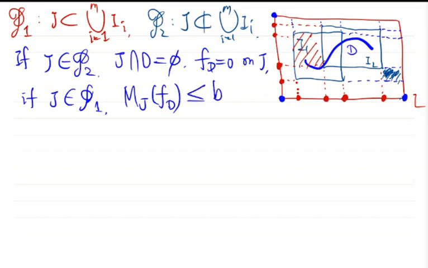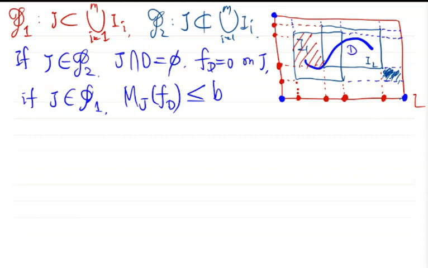Because over the whole rectangle I, f is not greater than b. Therefore, for every subrectangle, the supremum of f over that subrectangle could not be greater than b. So we have this inequality.